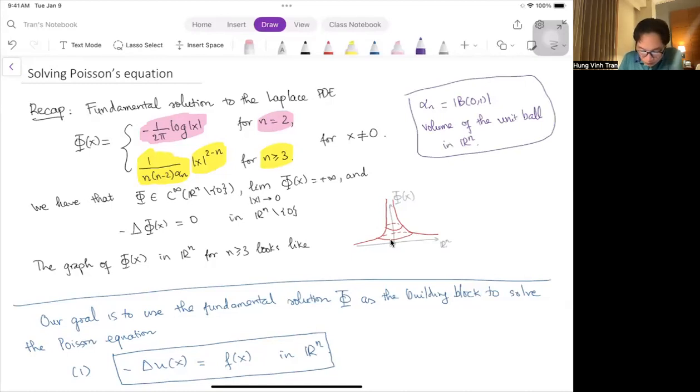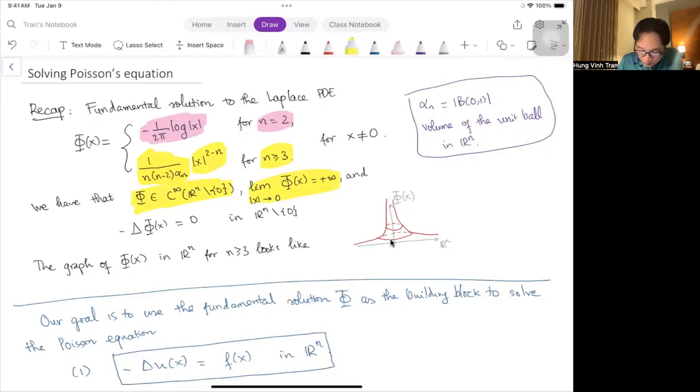Again, the point here I want to recall is that our fundamental solution is smooth everywhere except the origin. And in fact, you can see that as x tends to 0, it's blowing up either in the logarithmic way or in the polynomial way, depending on the dimension.